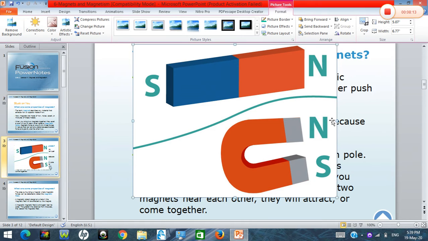So the electric charges in the same poles are similar. But different charges like to cooperate with each other, like to attract to each other.